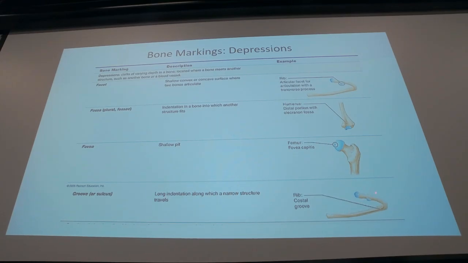This is called the costal groove. Why is it called costal groove? Because it is found in the ribs, and the proper name of ribs is costa.